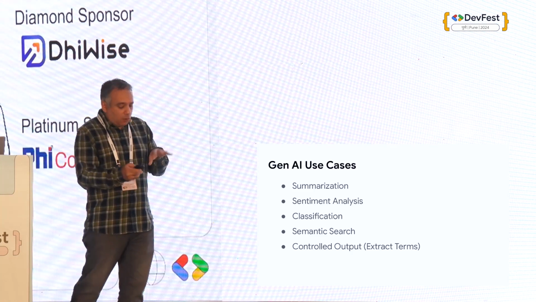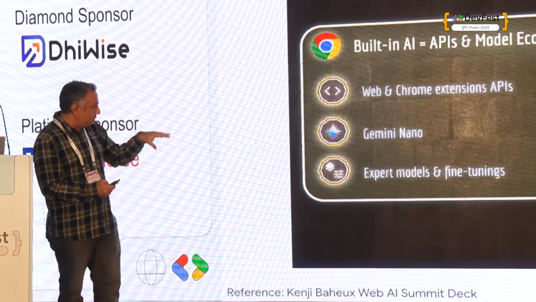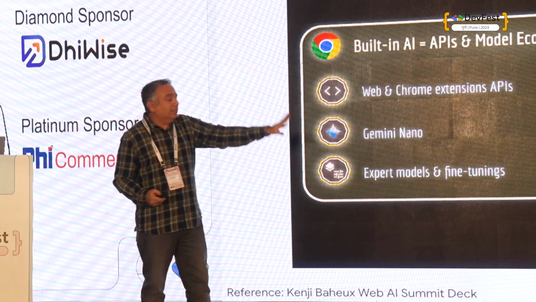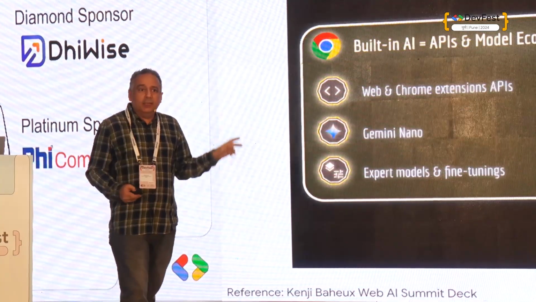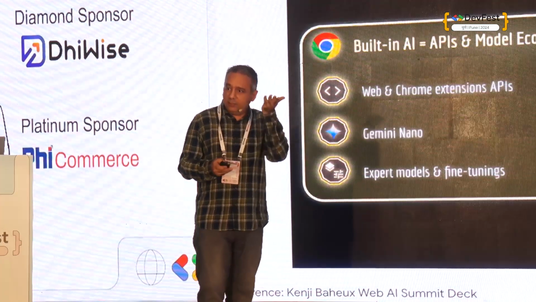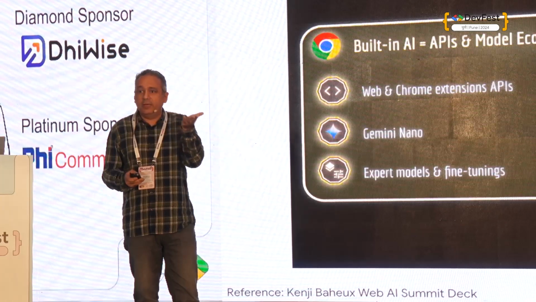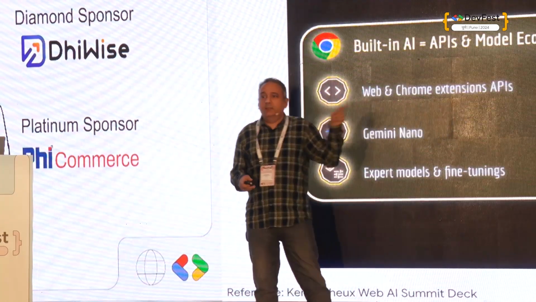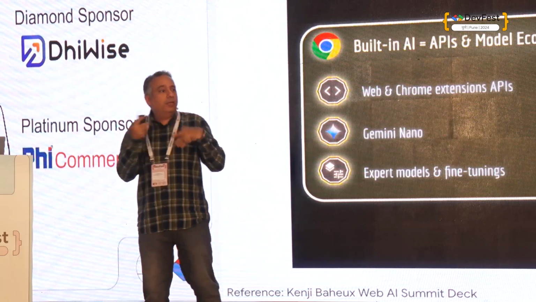if I go back to the previous screen, you might be saying, what's going on over here, right? So they took those use cases, and whichever ones they wanted to surface in the initial version, which you can try out today, they created web APIs around them so that you can use them straight away.